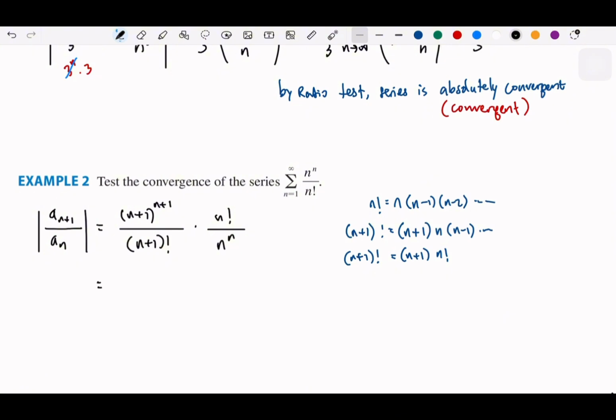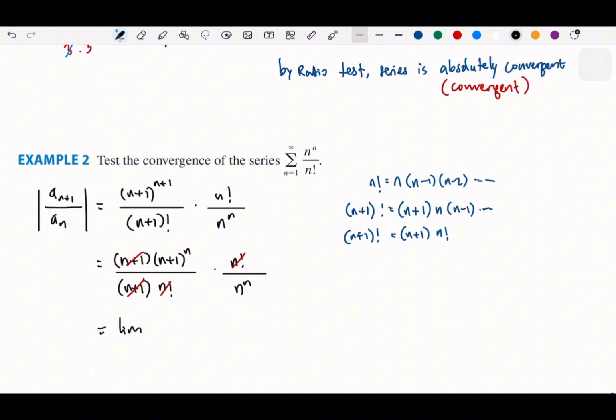The (n plus 1) to the power of n plus 1 will be (n plus 1) multiplied by (n plus 1) to the power of n, right? And the (n plus 1) factorial is basically (n plus 1) multiplied by n factorial. So we can cancel the n plus 1 and n factorial.